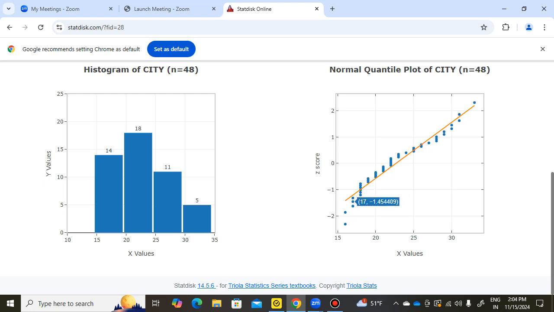Most of the lines are pretty close to the actual line itself. So when you see something like this where a lot of values are happening at the same points, you've got to kind of take them overall. Does the gist of them fall very far from the line or not? These points down here are a little bit too far, maybe, but it's still somewhat of a straight line.